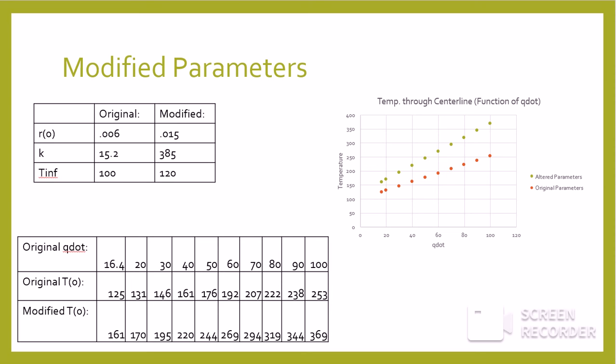So you can see we modified R naught, which is the radius of the wire, K, which is the thermal conductivity, and then T infinity, which is the temperature of the surrounding water. And the table down here shows the original Q dot. As you can see in the graph on the right-hand side, that's just the function of this heat transfer. That did not change with the modified parameters up here.